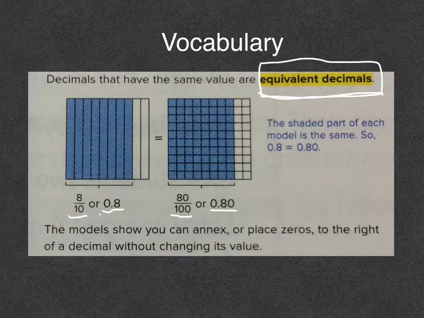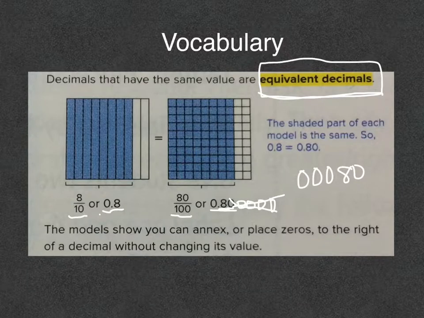So if we have a number here and there are no other numbers, I can place or annex as many zeros without changing its value. Just like if I wrote the number 80 and said there are 0 hundreds, 0 thousands, 0 ten-thousands, 0 hundred-thousands, that still is the number 80. So the same goes for after the decimal point.